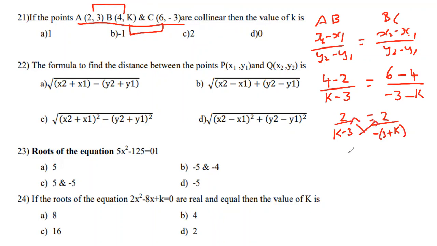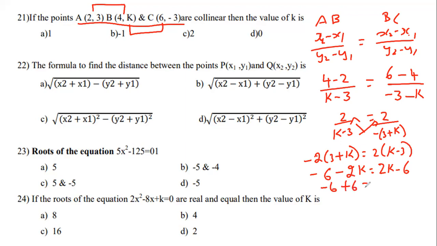Cross multiply this one. 2 into minus 2 into 3 plus k equals 2 into k minus 3. Minus 2 threes are 6, minus 2k equals 2k minus 2 threes are 6. Minus 6, this one changes to this one, it will become plus 6 equals 2k plus 2k. 0 equals 4k. Then the value of k is how much? 0. So which option is right?